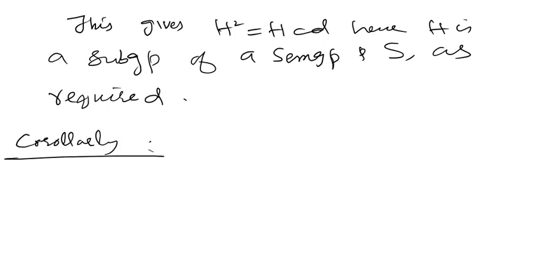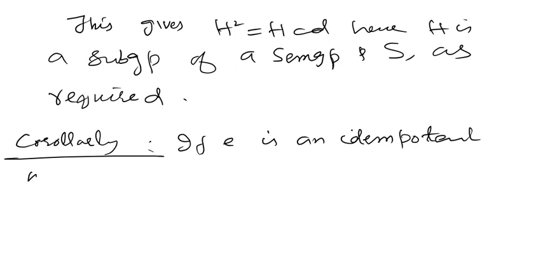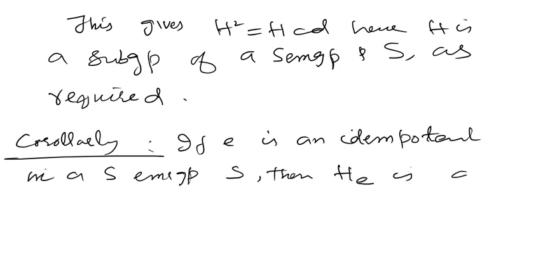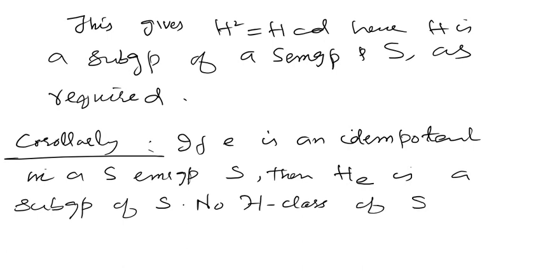If e is an idempotent in a semigroup S, then the H class of e is a subgroup of S, and moreover no H class of S contains more than one idempotent.